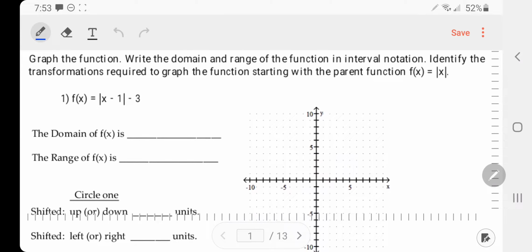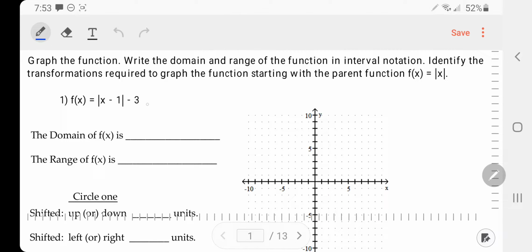If we slide this up a bit, the first thing I notice is that there is a -3 at the back of the function. Notice that this -3 is outside of the absolute value, so that makes it a vertical shift. Plus is up, minus is down, and so this is going to be a shift down 3.